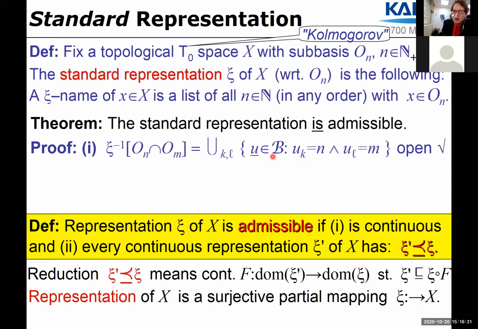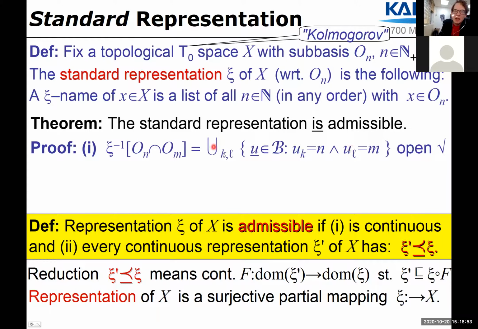If we consider all sequences where the kth entry is fixed to n, then by the very definition of the topology, this is an open set in Baire space. And if we fix two elements, that's also open because the open sets are closed under finite intersection. So this is indeed an open set.